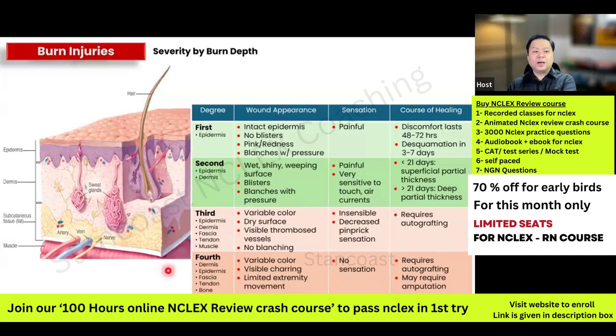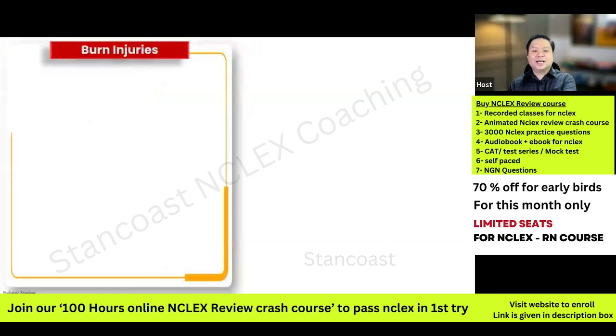Then we're going to talk about the different classification, and we're going to classify it according to minor, moderate, or major. So what do these three classifications mean? A minor type of burn is something that is considered as first and second degree burns that cover less than 10% of the total body surface area.